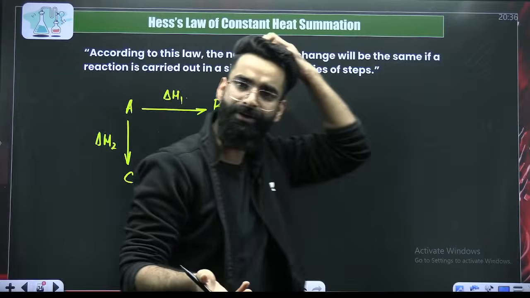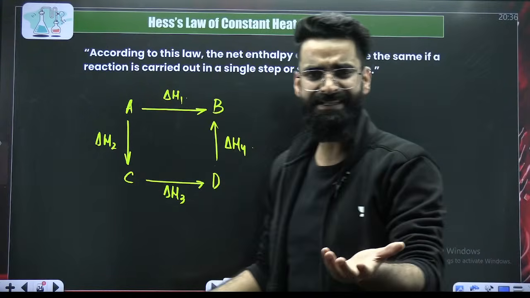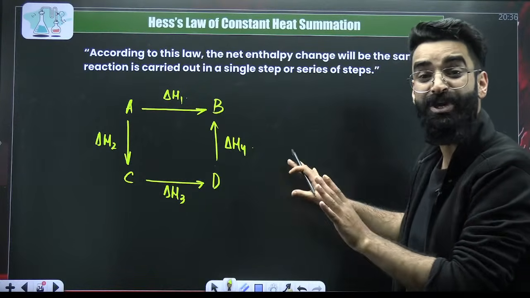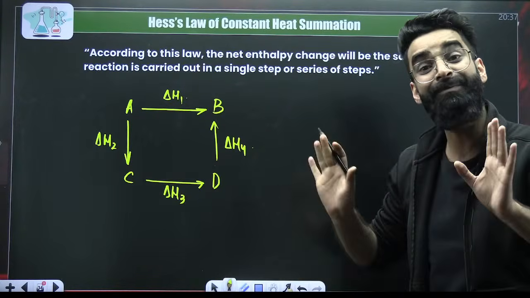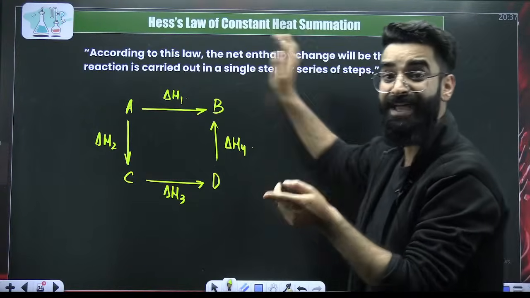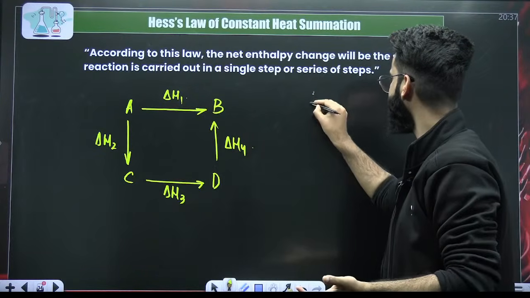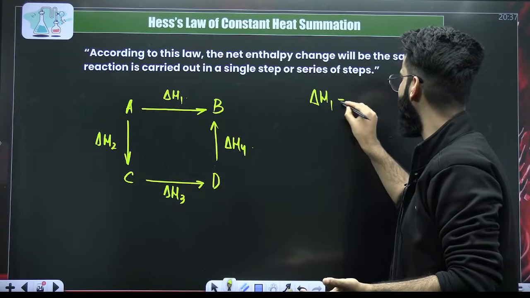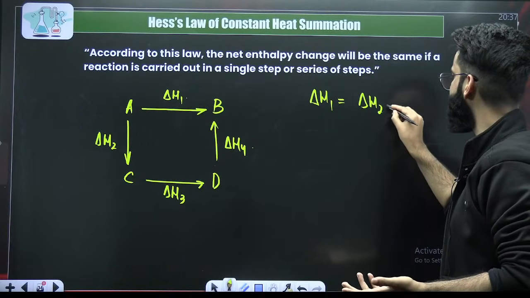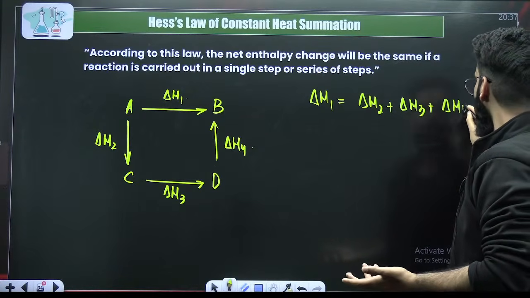What is Hess's law all about? Look at the statement. Hess's law says that enthalpy is a state function. It is path independent. So the net enthalpy change during the process will remain the same whether the reaction is carried out in one step or more than one step. What does that mean? That means whatever the value of delta H1, that will be equal to delta H2 plus delta H3 plus delta H4.